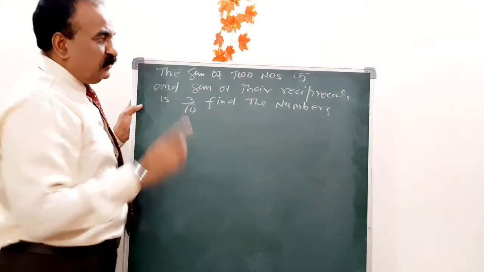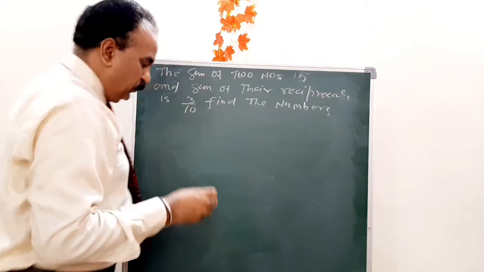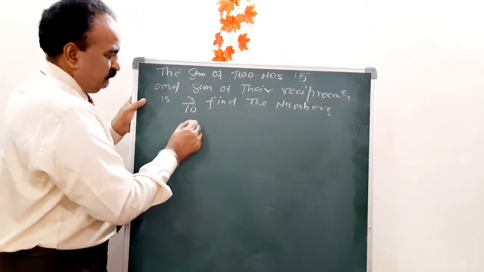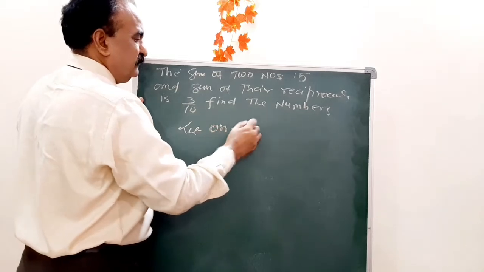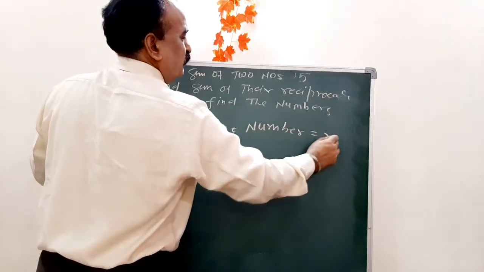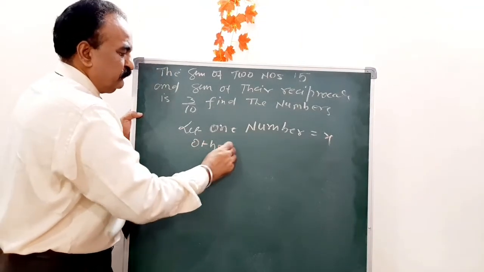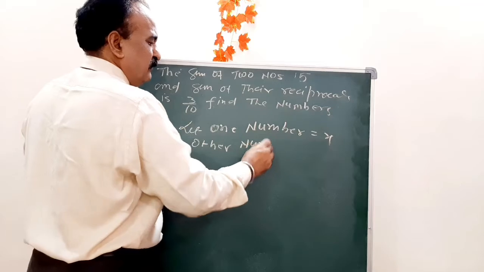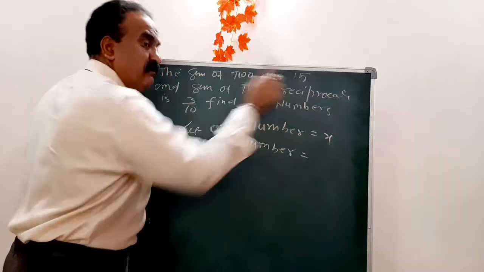Okay. Now according to the question, the sum of two numbers is 15 given to you. Now you will assume that let one number be x, then the other number is equal to 15 minus x, as the sum of two numbers is 15.